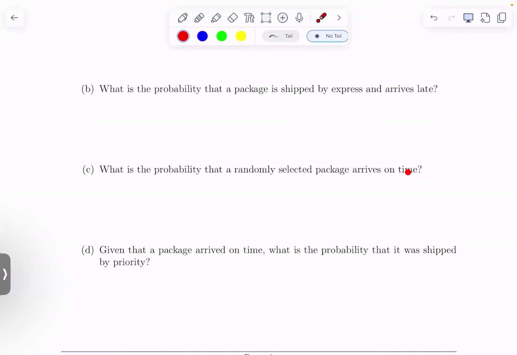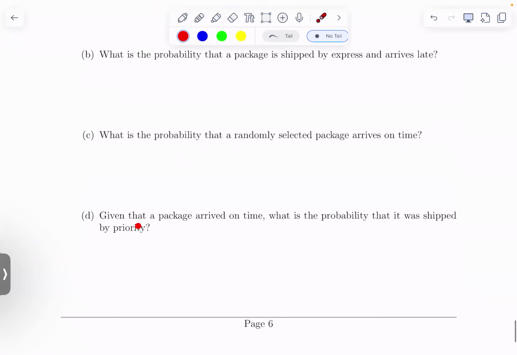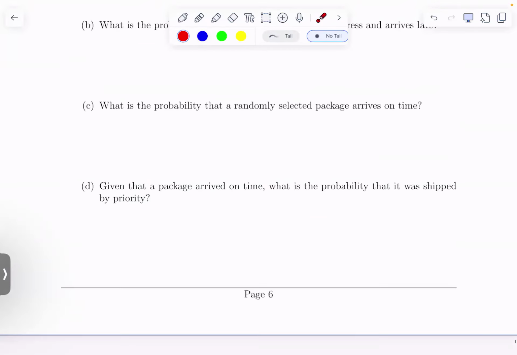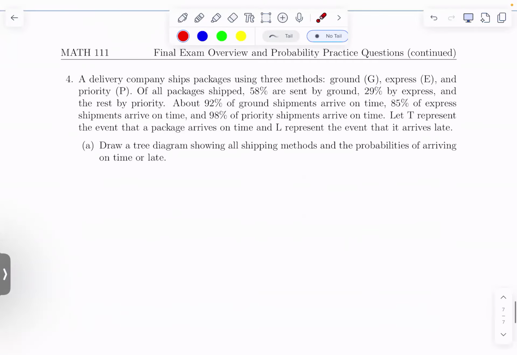Now notice that this is regardless of how it was sent. Given that a package arrived on time, what's the probability that it's shipped by priority? So I'll give you just a little bit of time. I know you need a lot of time, but I need a lot of time to go through it. So 4 or 5 minutes, and then we'll jump in.